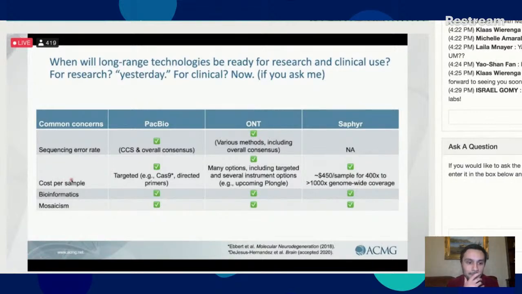The cost per sample has been dropping dramatically over the years. For whole genomes, it might still not be feasible, but you can do targeted approaches, such as using Cas9 or directed primers. And with Oxford Nanopore, you have similar options. Plus, they have several instrument options for various needs, including an upcoming Flongle, which is directed specifically for clinical users.